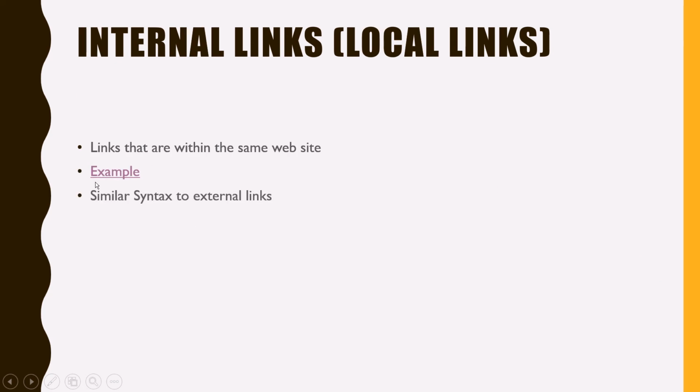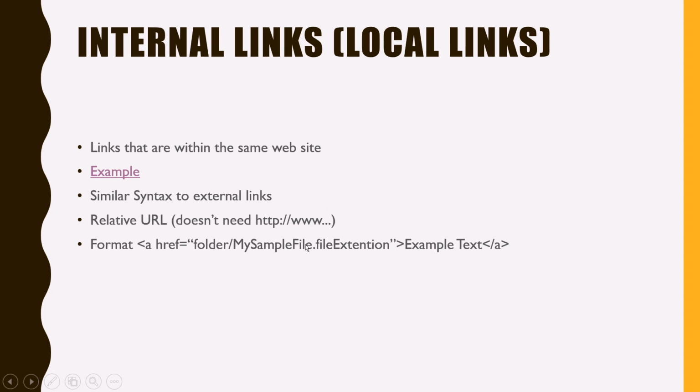So the syntax is similar to external links, but instead of using an absolute URL, you use a relative URL, which means you don't need the www dot before it. And it could be something as simple as a file within your own folders.